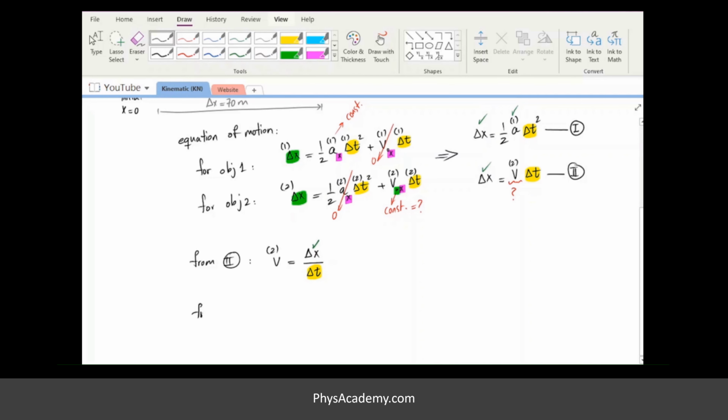From equation 1, I can find what delta t is. I rearrange equation 1 and then plug it into equation 2.